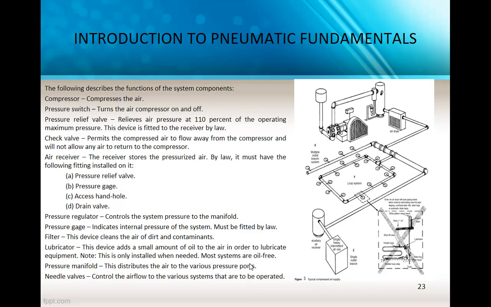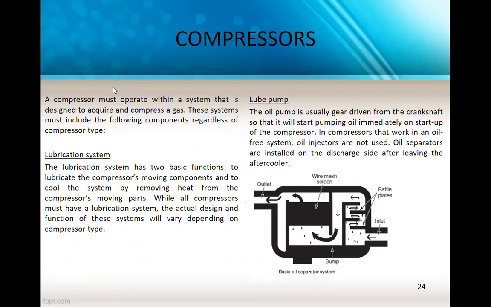Most systems are oil-free. Sa pharmaceuticals, mga clean room, oil-free yun. Okay, pressure manifold. This distributes the air to the various ports. Needle valve controls the airflow to the various systems that are to be operated.